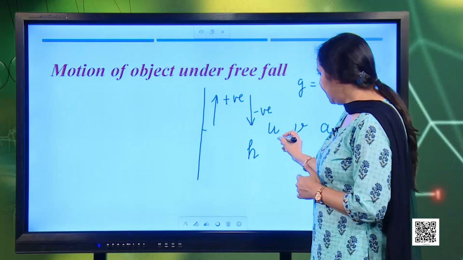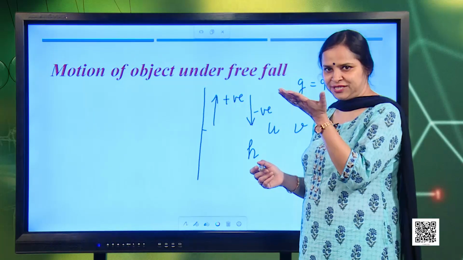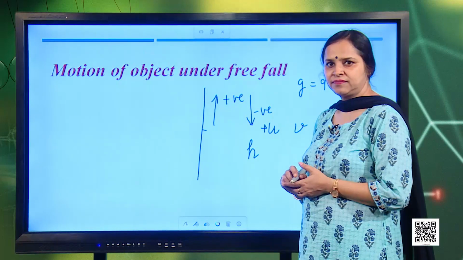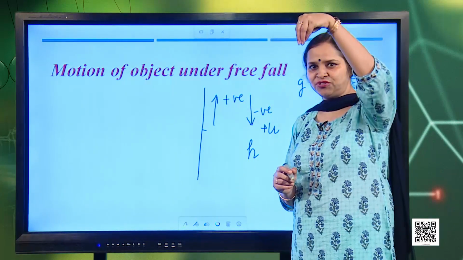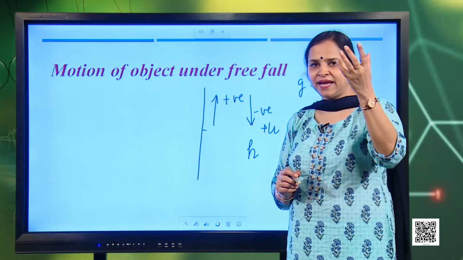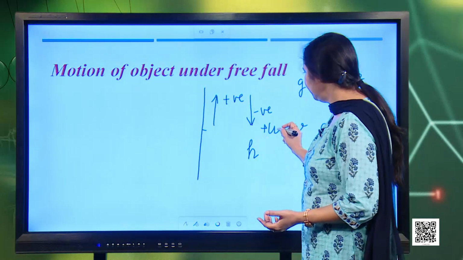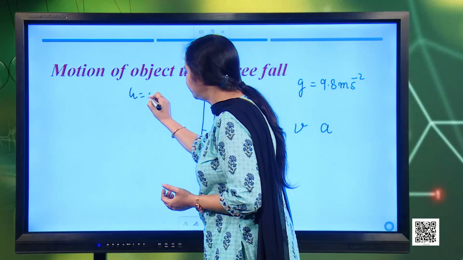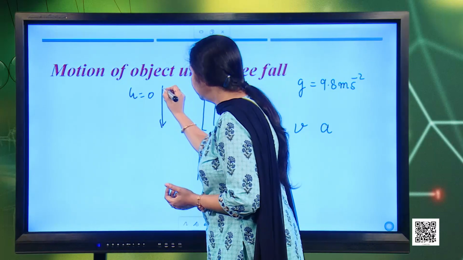Let us see. If the body is thrown in the upward direction, in that case u is taken to be positive. And when a body is dropped initially from some height, since we are not providing any initial velocity, in that case u is taken to be 0.